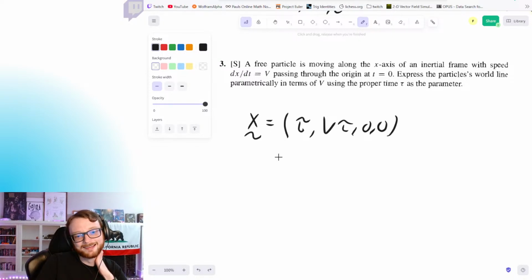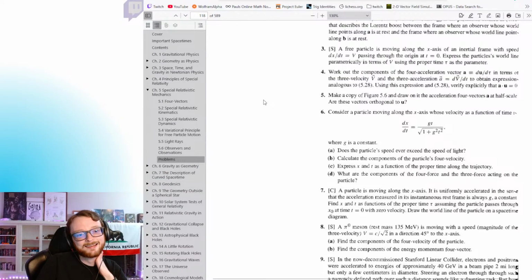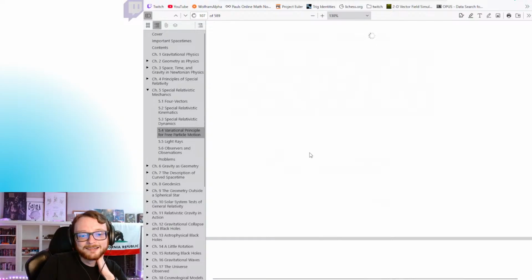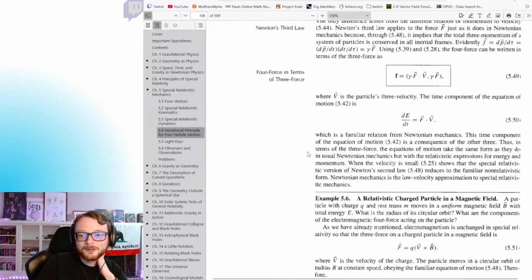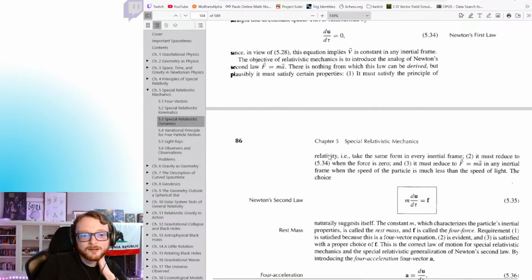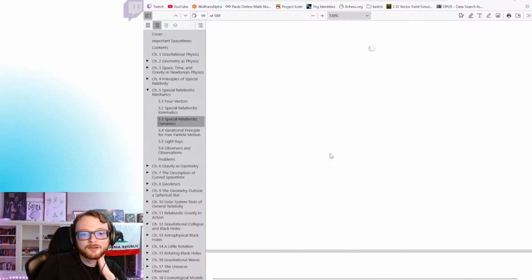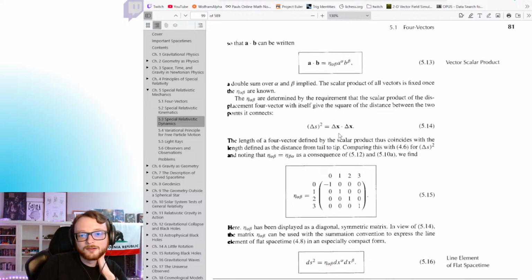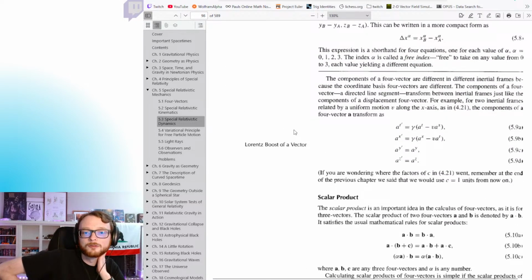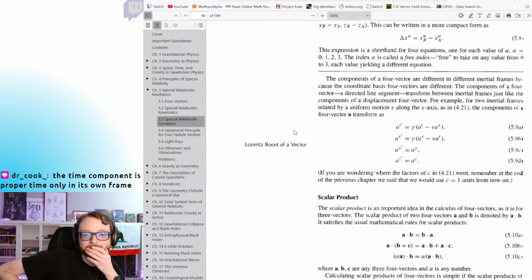I think it's okay though. What about page 80? They had the Lorentz boost of a vector, equation 5.9. I'm wondering if those might apply. They might.